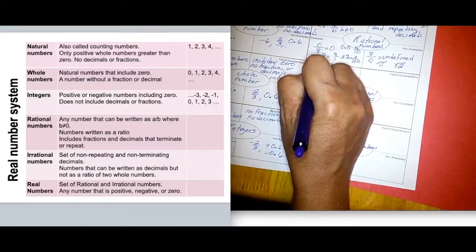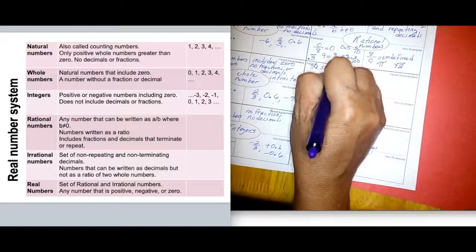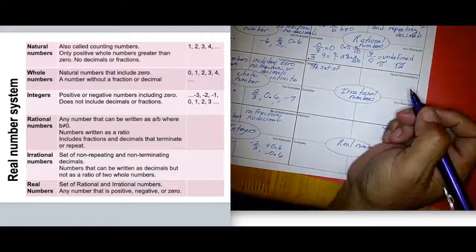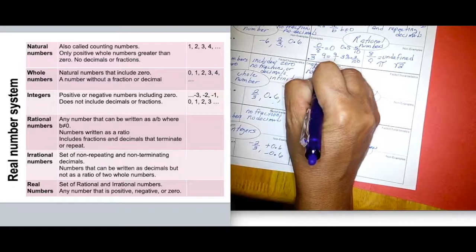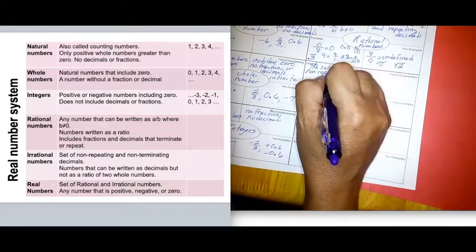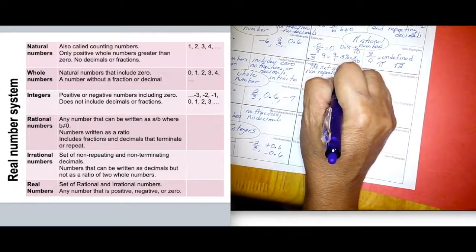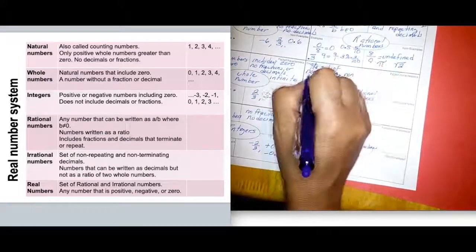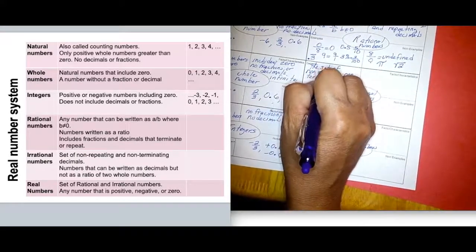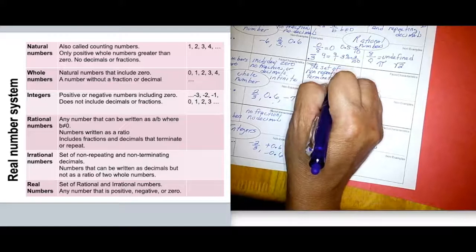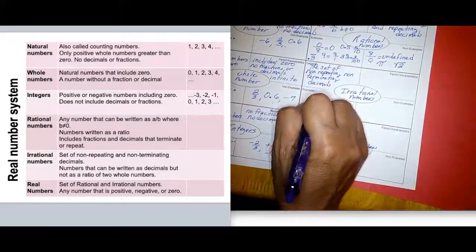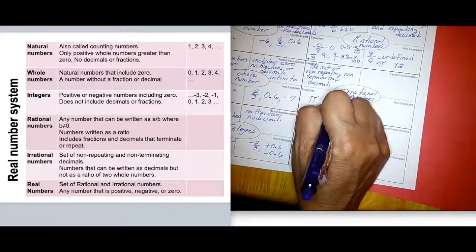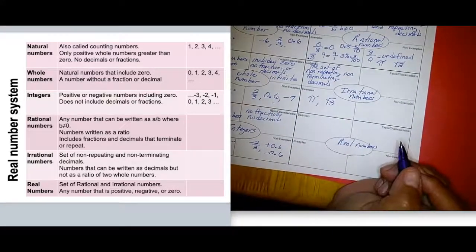The set of numbers, the set of non-repeating, non-terminating decimals, which includes pi and square roots. Okay.